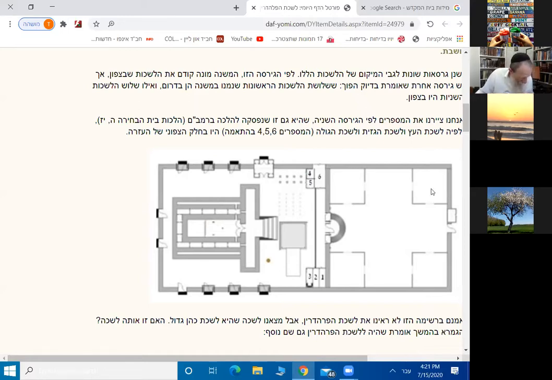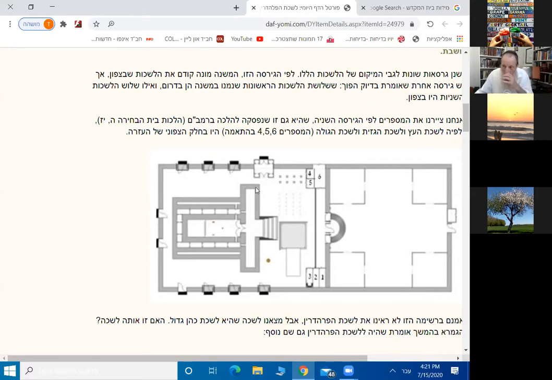And this is also here. This is something like the yard around the Ohel Moed, the courtyard of the tent of meeting. And this whole area is called the Azara.